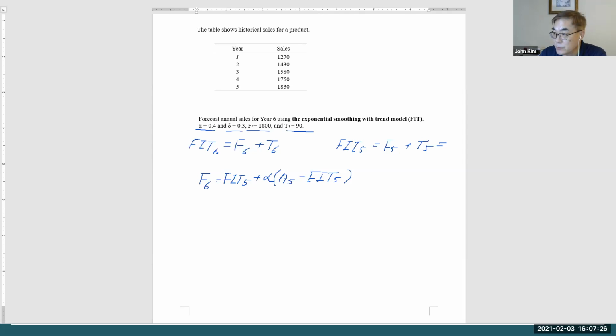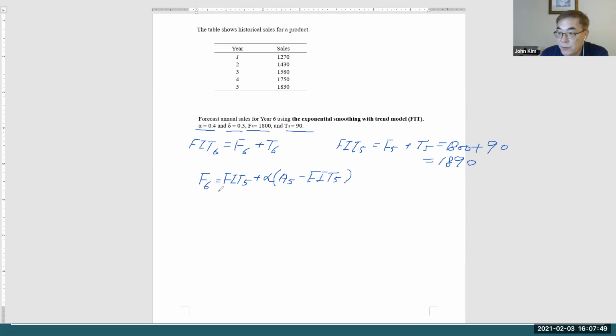So FIT5 is F5 plus T5. F5 is 1800 plus T5 is 90, so it equals 1890.